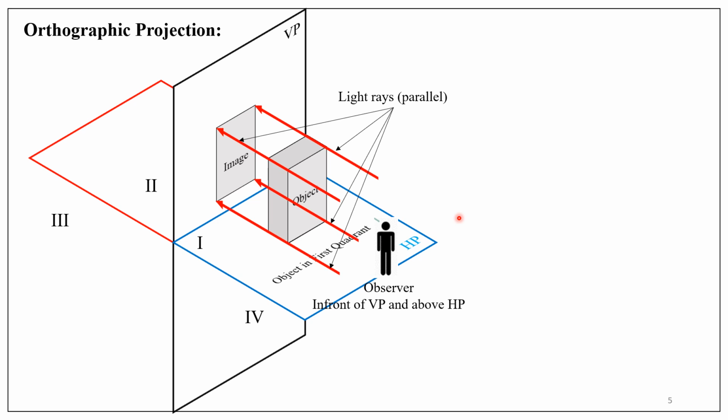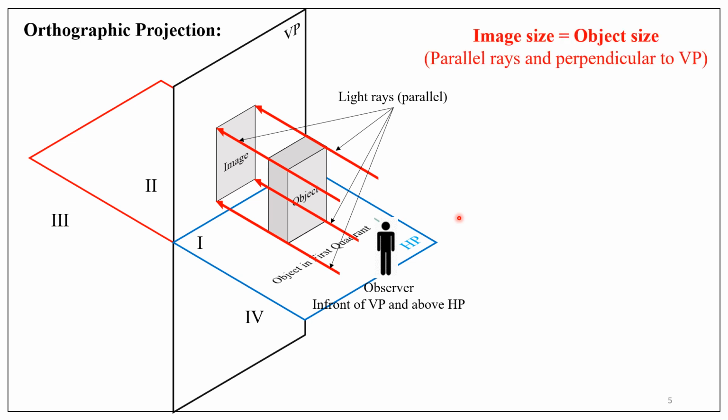Therefore, the advantage is we get an image whose size is equal to the size of the object. Image size is equal to the object size because the light rays are assumed to be parallel to each other and perpendicular to the plane of projection.